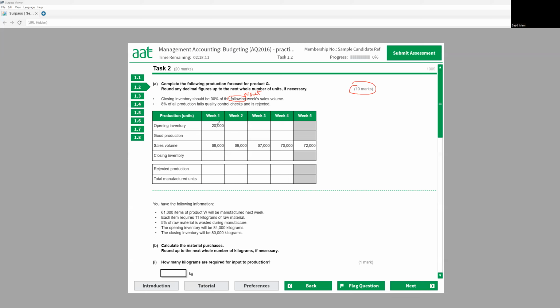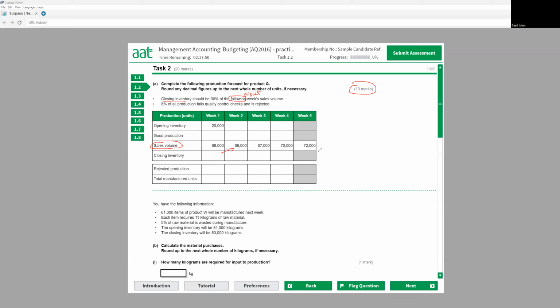The first one is opening inventory. The first information we have is for the closing inventory, that is 30% of the next week's sales. So let's do the closing inventory. We have the sales volume here. For week 1, we need to take 30% from week 2, so it will be 30% of next week's sales volume.